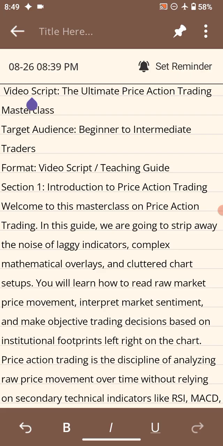As you can see on the screen, I have everything we're going to be learning written out, so that we are not confused as to where we're going to be learning them and how we're going to be directing our motives and attention.